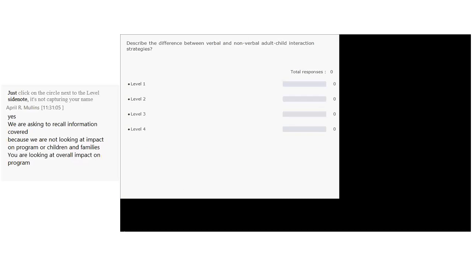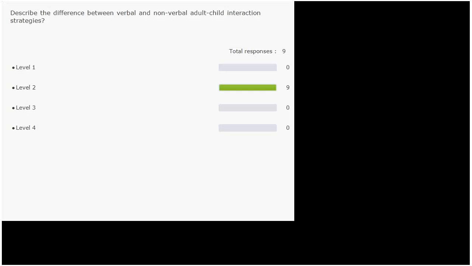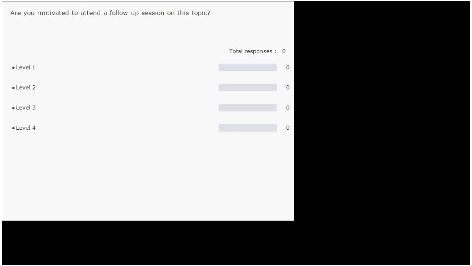Describe the difference between verbal and nonverbal adult-child interaction strategies. Okay, 100% agreement that we're asking what they learned about. Are you motivated to attend a follow-up session on this topic?